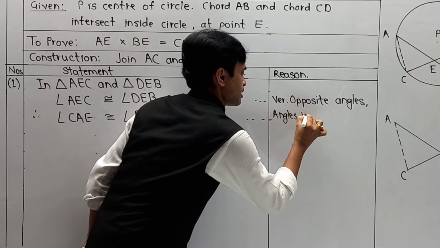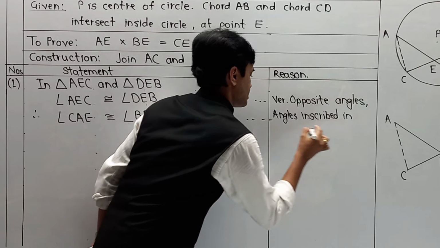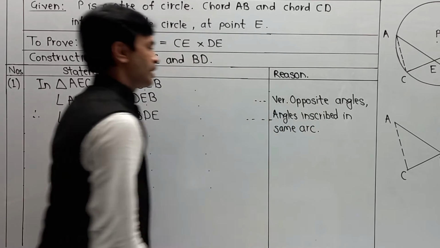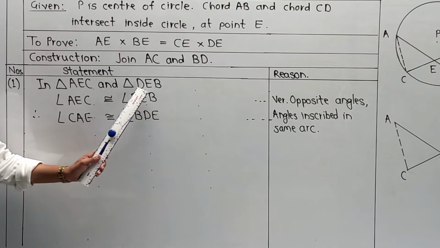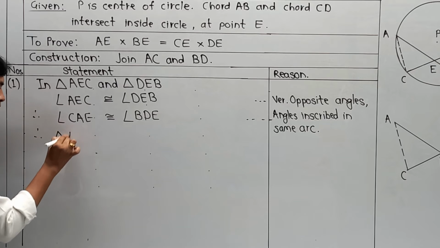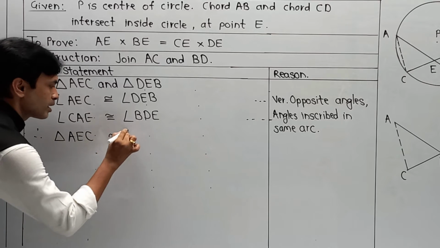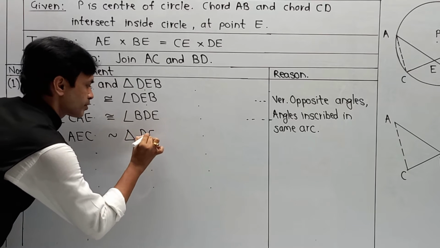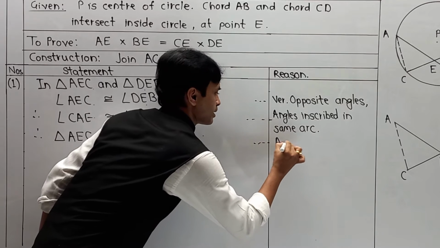Naturally we can say triangle AEC is similar to triangle DEB. Therefore, triangle AEC is similar to triangle DEB by the AA test of similarity.